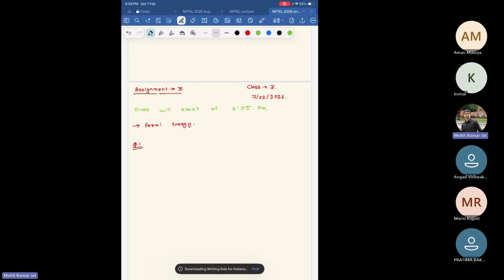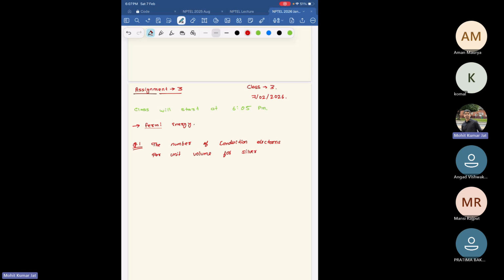which is: the number of conduction electrons per unit volume for silver is given.